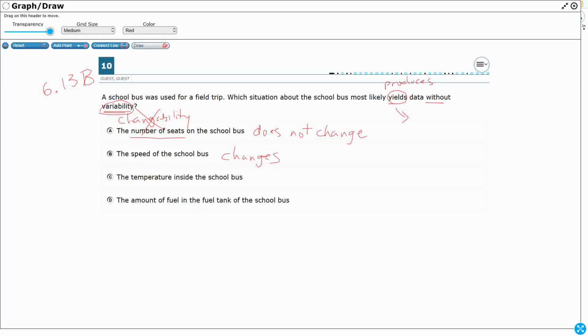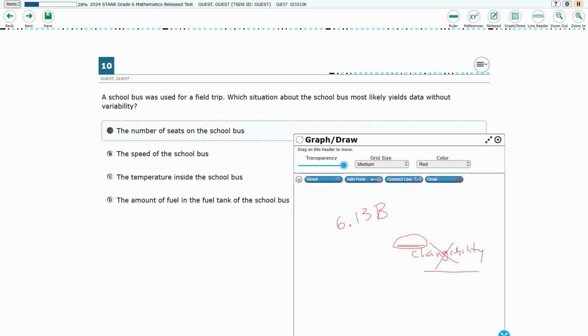The temperature inside the school bus changes throughout the day, with the air conditioner and heater. The amount of fuel starts full and declines at a steady rate until it gets refilled. So look, change, change, change. The one that does not change is going to be A.